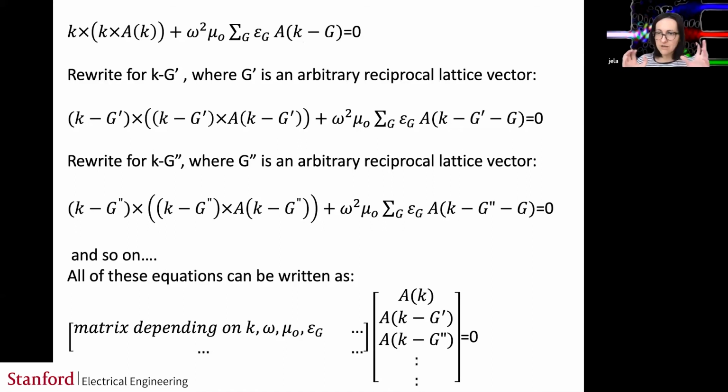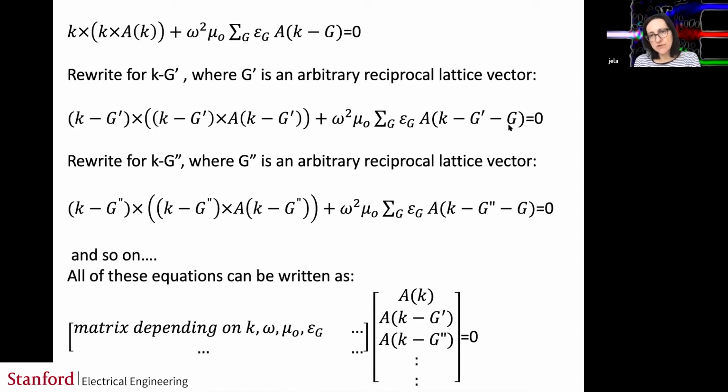And you have a grid of A of K's on that reciprocal lattice that is connected via this equation. Is that making sense? Okay, and then you write the second equation. You just rewrite the master equation for K minus G prime, where G prime is whatever reciprocal lattice vector you picked.